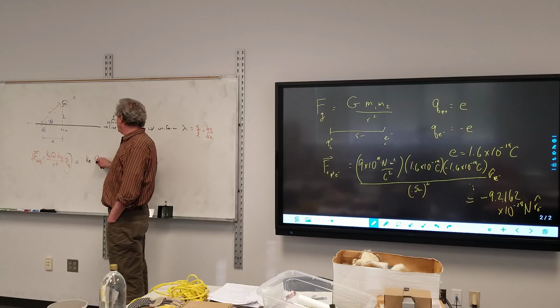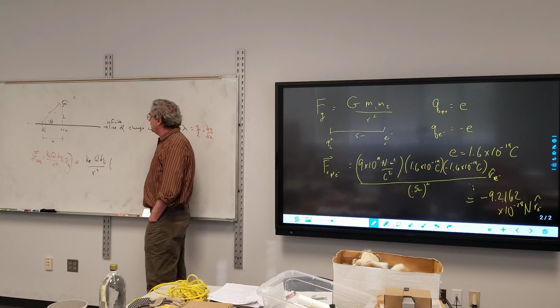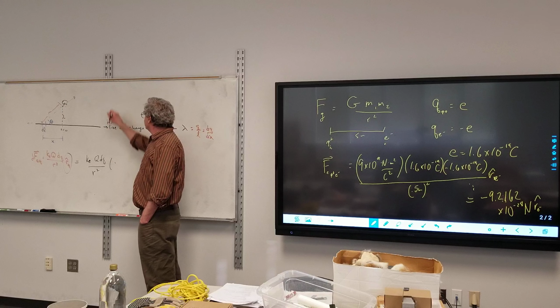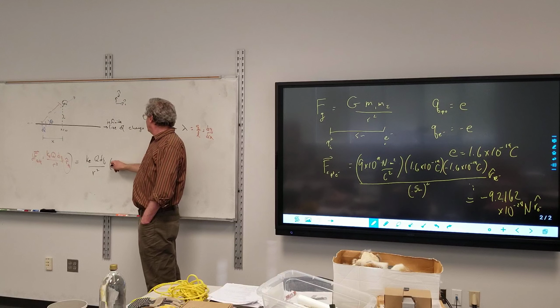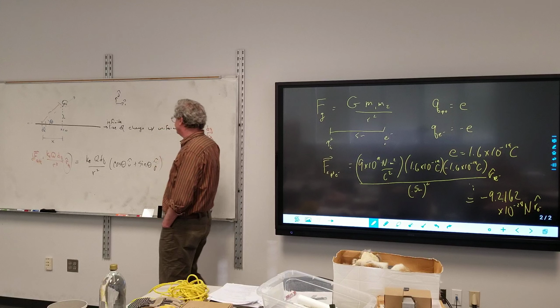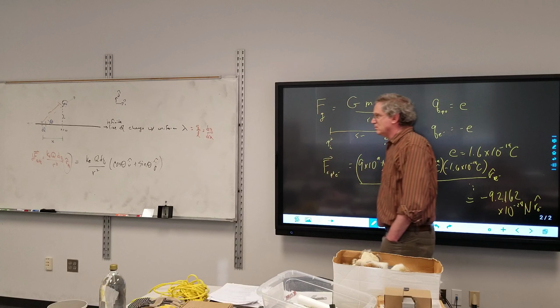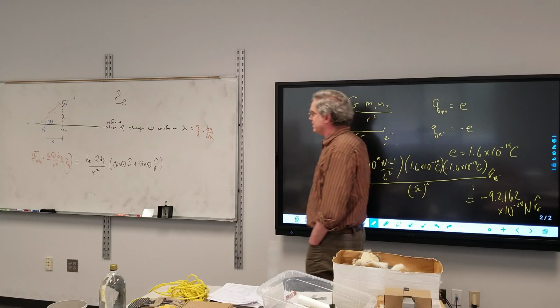So k Q dq over r squared times cosine theta i hat plus sine theta j hat. Doesn't necessarily look better, but it actually is.